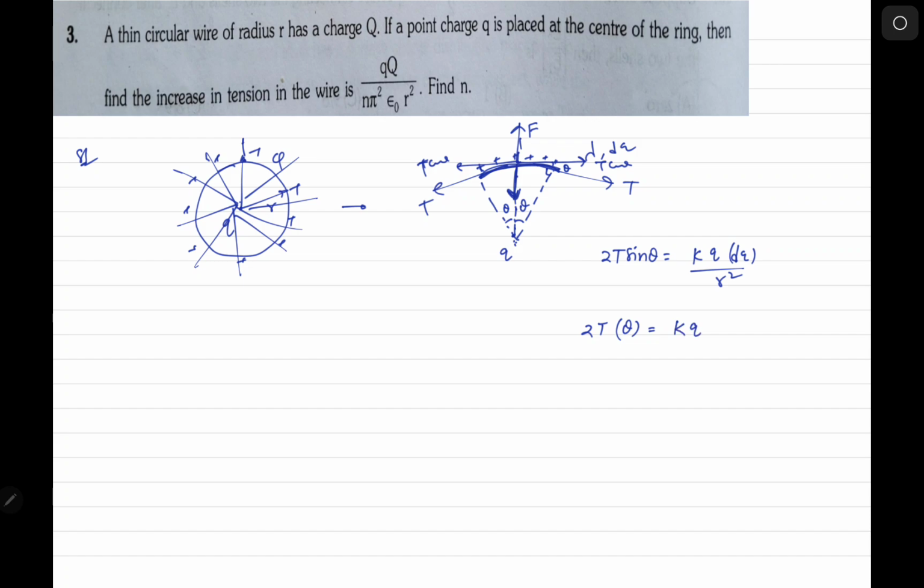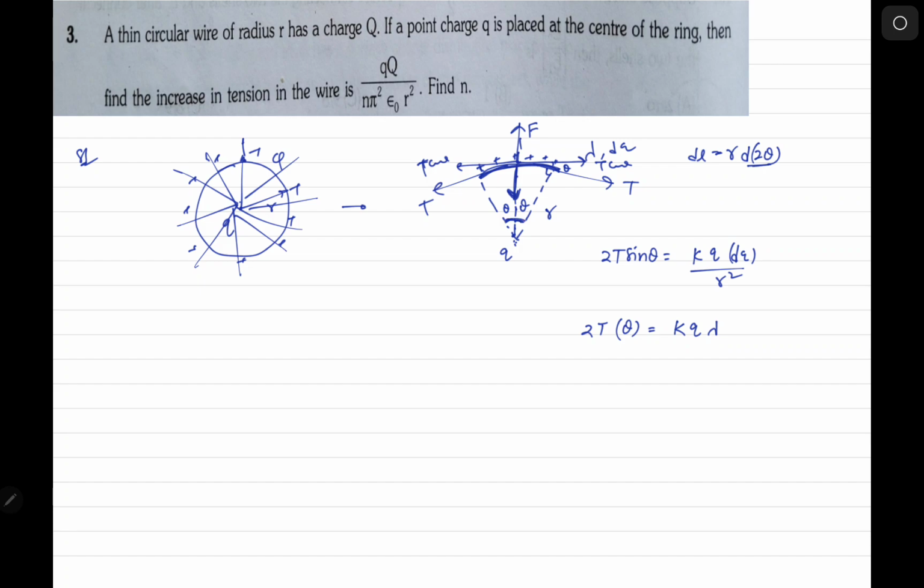dq we can write as lambda into dl. The length of the element is dl, and dl we can write as the radius r into 2 theta. Understood why I am taking 2 theta here?